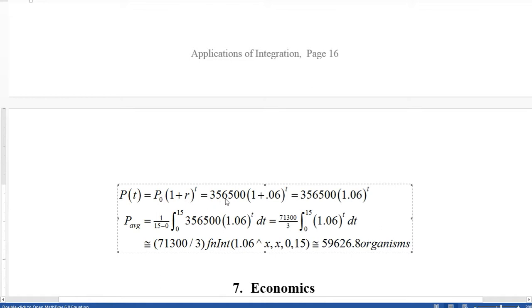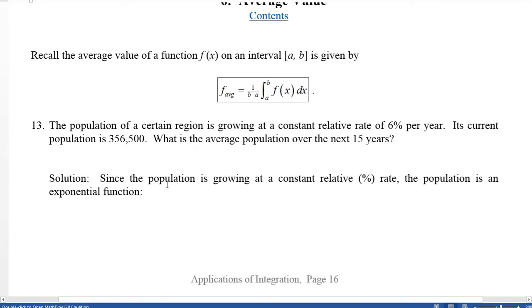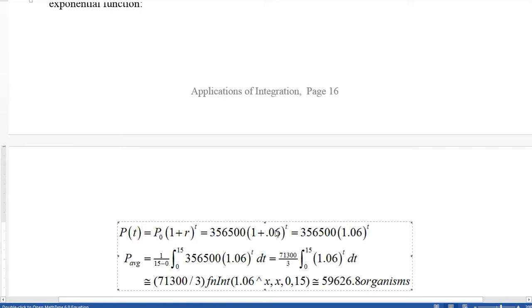If we plug in our particular numbers, our initial population is 356,500. That was given as the initial population at time 0. Notice the base works out to be 1.06. If you plug in t as 0, 1.06 to the 0 is 1, which gives you our population at time 0. Now, our P average over the 15-year period is from 0 to 15.